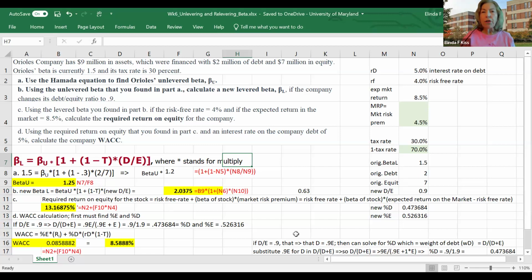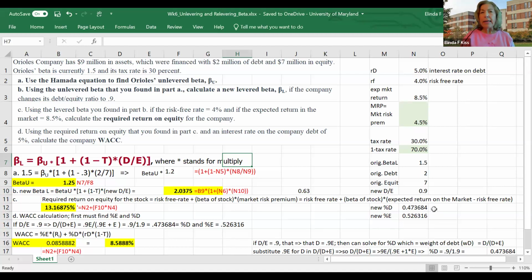So then we can solve for the percent of debt, which is the weight of debt, W sub D, which is equal to debt divided by debt plus equity, D divided by D plus E. As shown in cells I17 through Q17, the percent debt is equal to 0.9 E divided by 1 E plus 0.9 E, which equals 0.9 divided by 1.9, which equals 0.47368 and is calculated in cell N11.